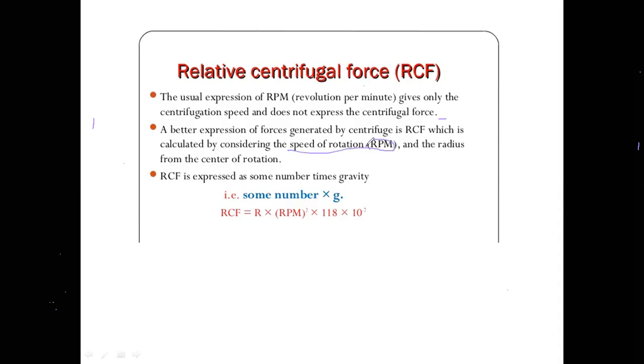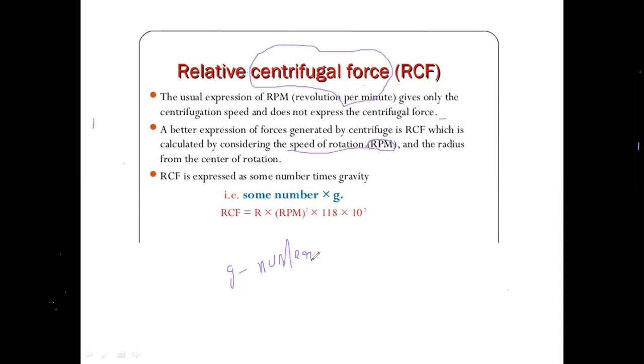If you want to know the centrifugal force, you need to know the RCF. RCF is relative centrifugal force, also called the G number.